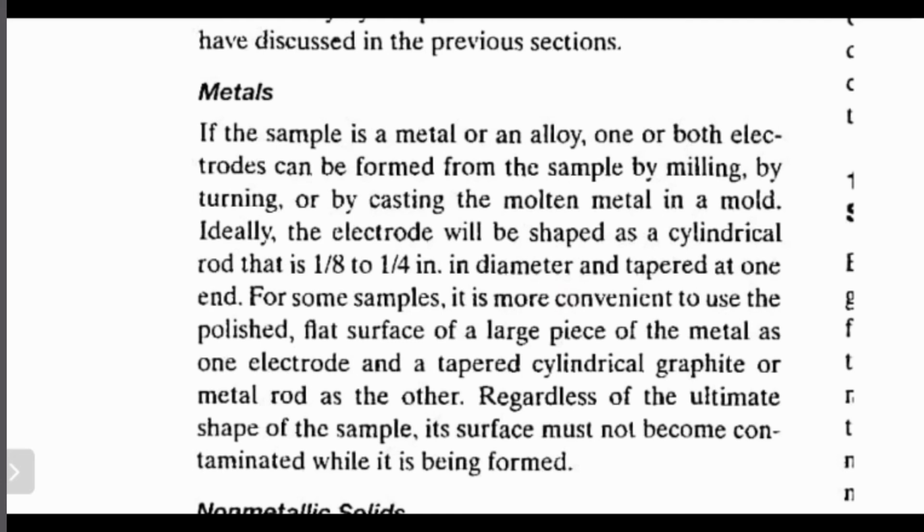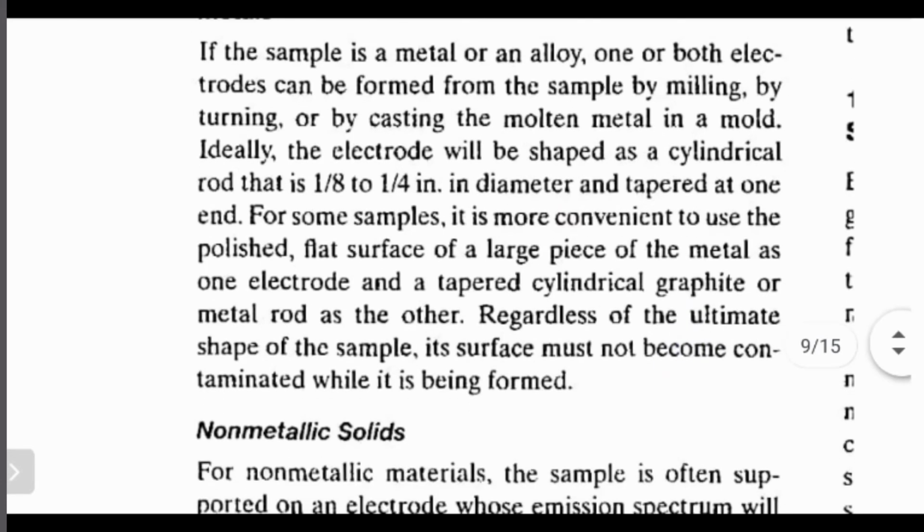The second method, for another type of elements, is that we can use a polished as well as flat surface. But the main care that should be taken in the preparation of the sample is that the surface must not get contaminated while it is being formed.